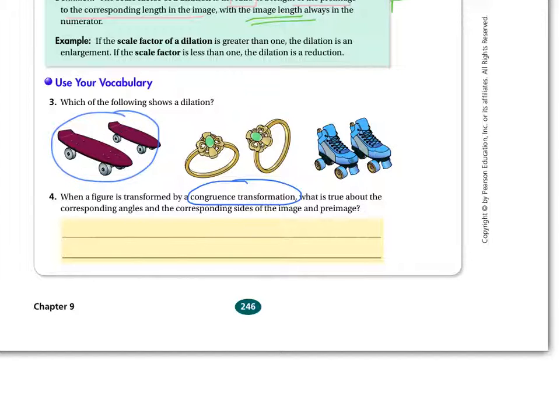In non-dilations, they maintain that distance and angle, right? So the corresponding sides and angles remain congruent.